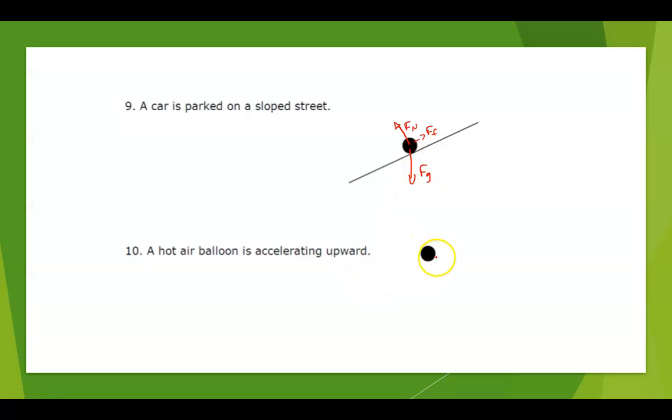If a hot air balloon is accelerating upwards, the force of gravity is going to be this way, and the force being applied to it, which you may remember from earlier grades we sometimes called lift, is going to be greater than the force of gravity.